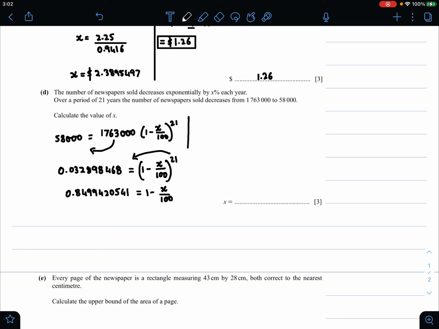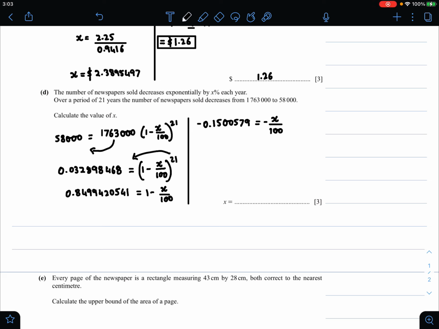Now we can take 1 to the other side of the equation. So it will be 0.849942 minus 1, which is equal to negative 0.1500579, which is equal to negative x by 100.